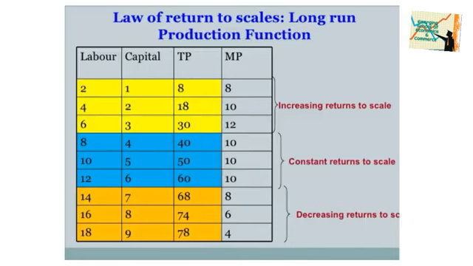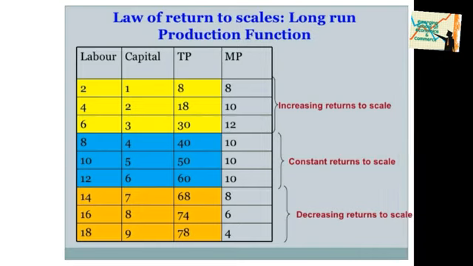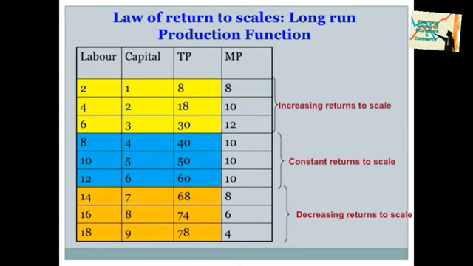In the table, we can see that when we increase the number of labor and capital, TP increases and MP also increases. It shows increasing returns to scale. In the same way, by increasing the units of labor and capital, TP also increases, but MP becomes constant and the same.